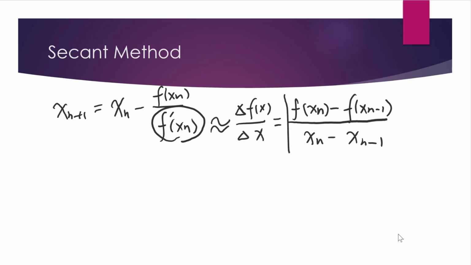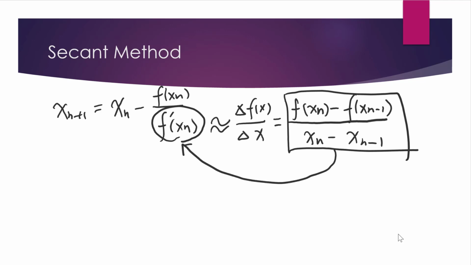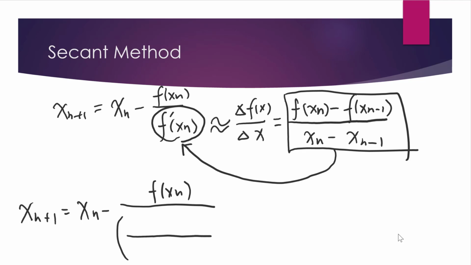Alright, so you can plug this back into the equation, and then you get the formula for the secant method. x_{n+1} equals x_n minus f(x_n) over the approximation of the derivative, which is (f(x_n) minus f(x_{n-1})) over (x_n minus x_{n-1}).